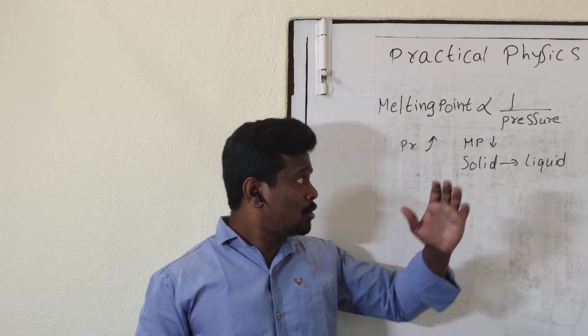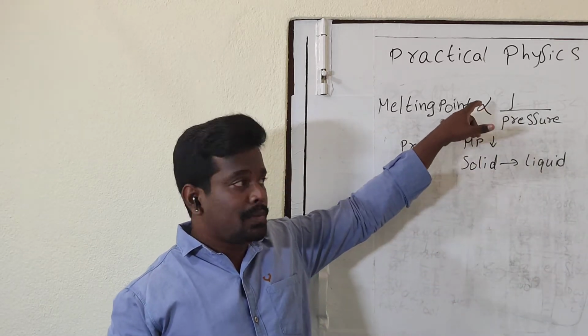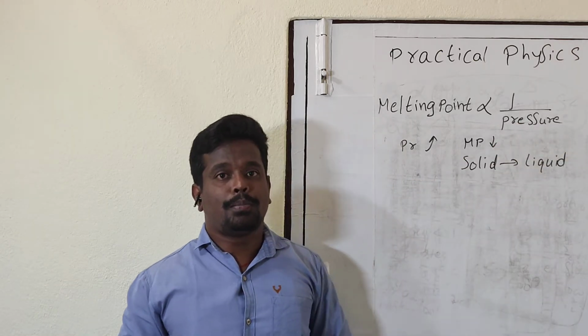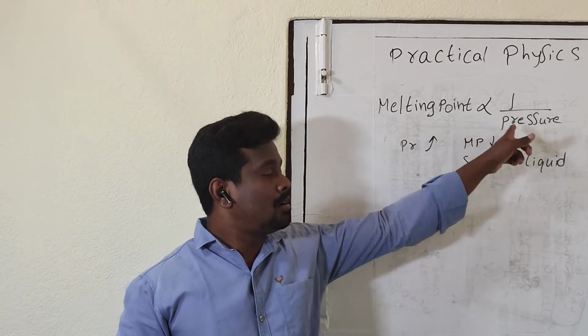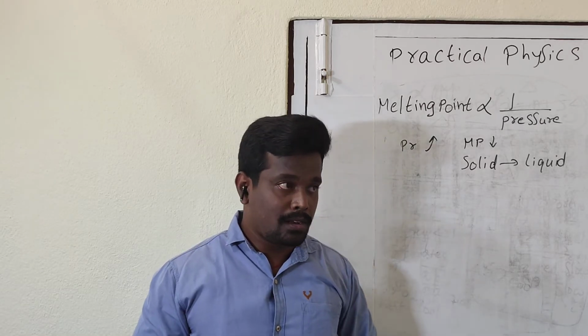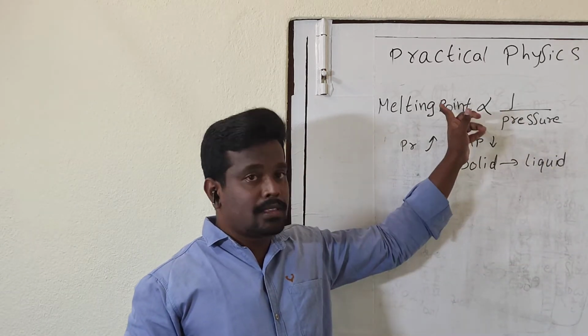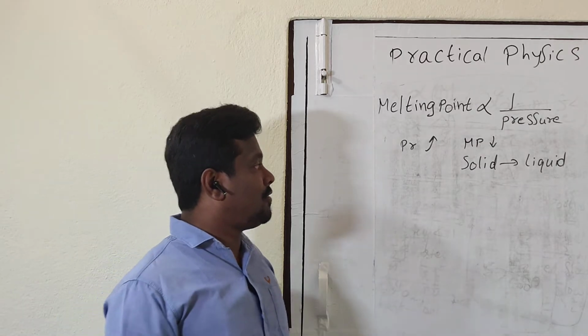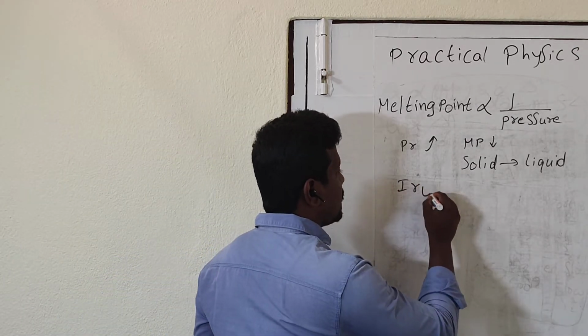In physics, melting point is inversely proportional to pressure. What does it mean? If the pressure increases, then melting point decreases. Let's take iron.